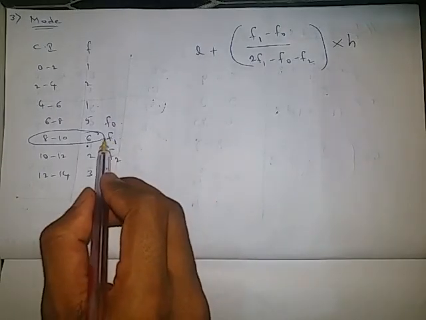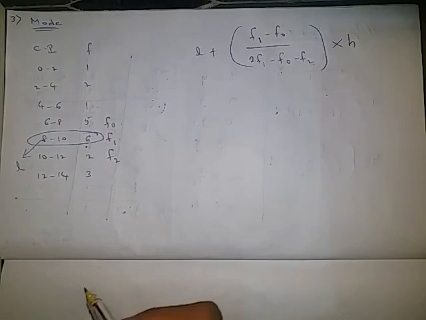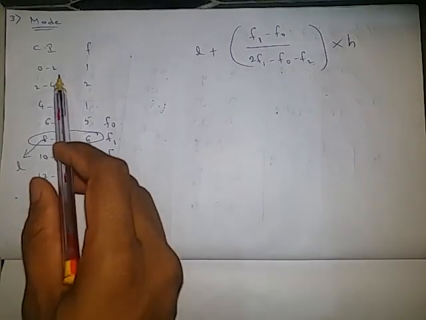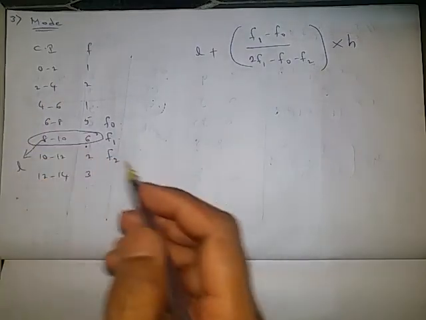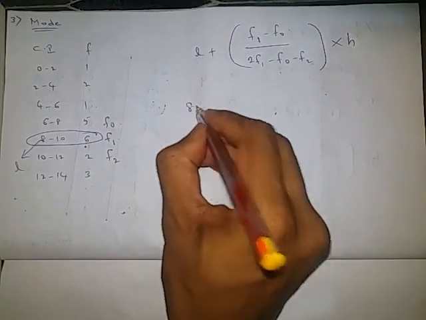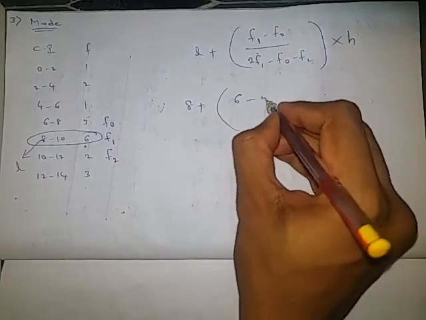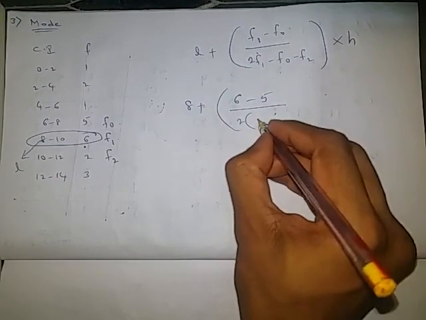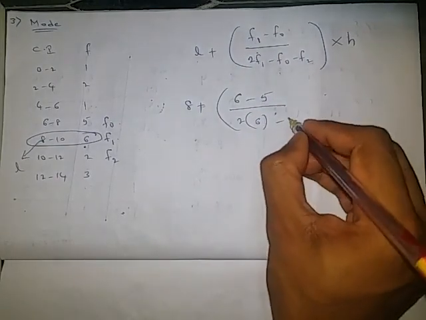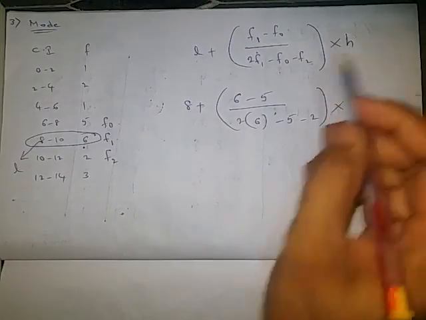Where we are checking that F1, that lower boundary will be L. Next, in any row, if you do class interval subtraction, you will get the H. Now L is 8 plus F1 is 6 minus F0 is 5 divided by 2 into F1 is 6 minus F0 5 minus F2 2, into H.